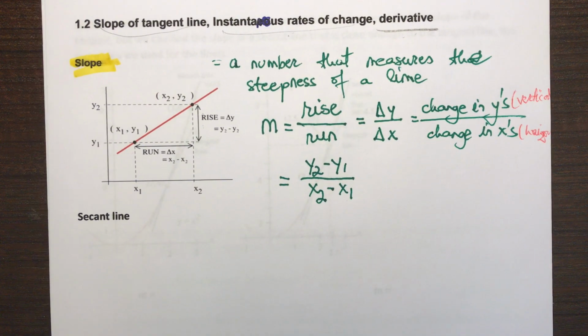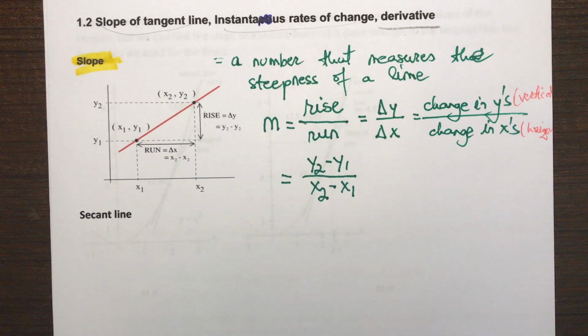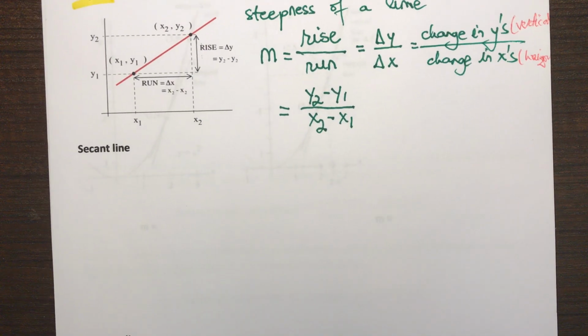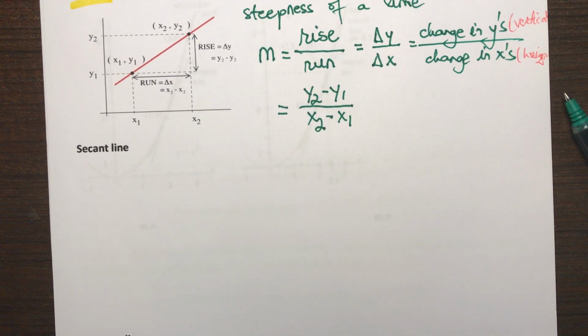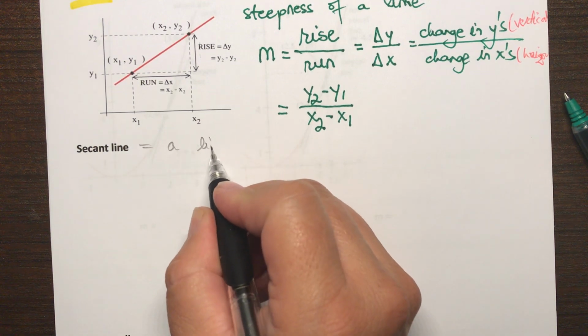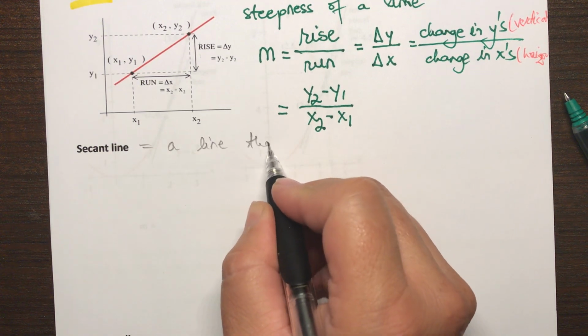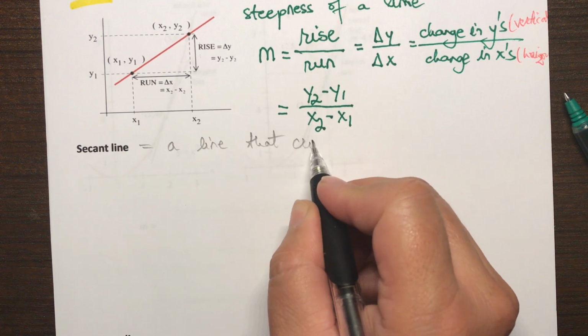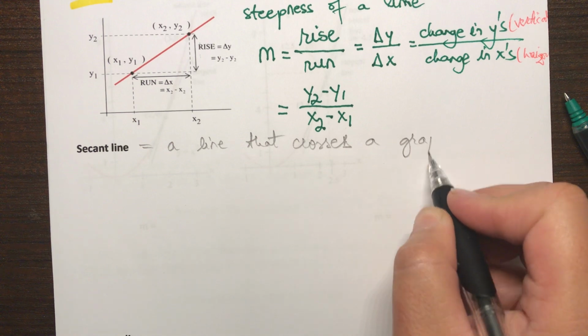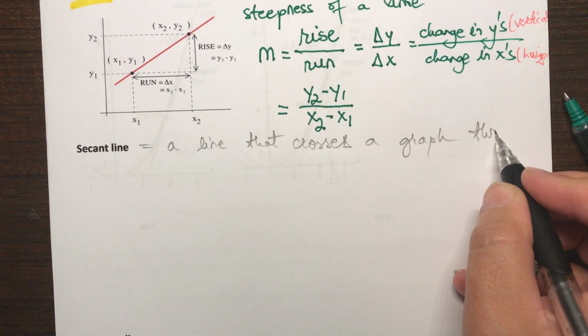Okay, let's move on. And first topic, before we get to the tangent line, what's a tangent line? Let's talk about a secant line. Well, a secant line is simply a line that crosses a graph through 2 points.